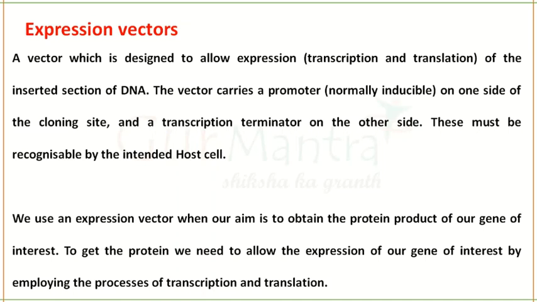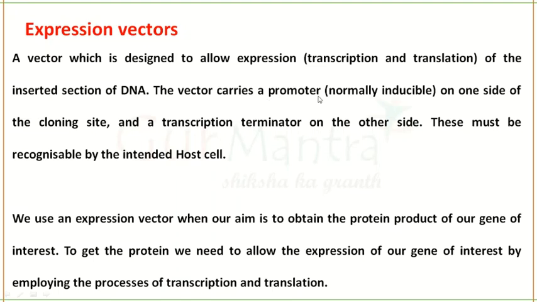So now let's understand what expression vectors are. Expression vector simply means you're going to express the gene of interest, which means you want the result as a protein. So that is what expression vectors do. They not only incorporate the gene of interest and get cloned, but also produce the product. It is a vector designed to allow expression, which means transcription will happen, mRNA will be produced, translation will happen, and protein will be produced from the insert section of DNA, which means our gene of interest.